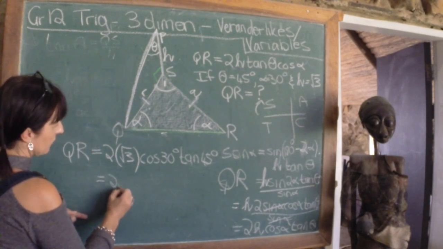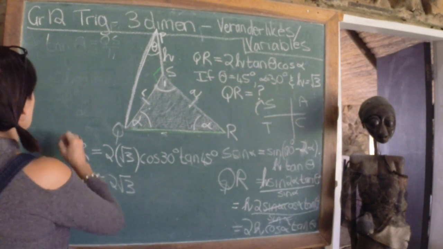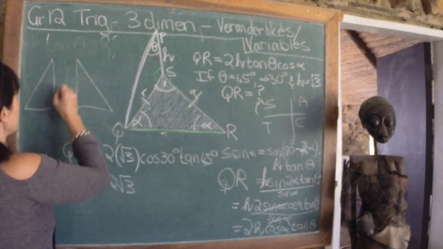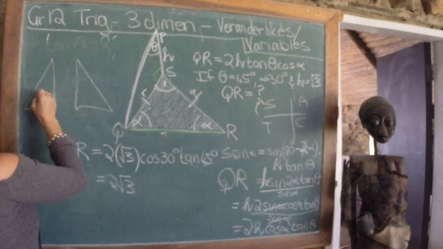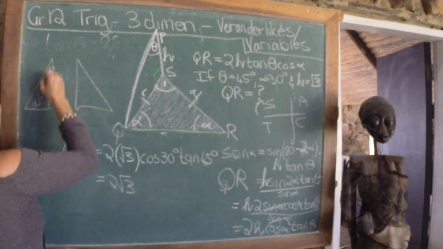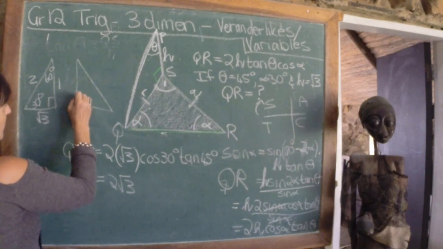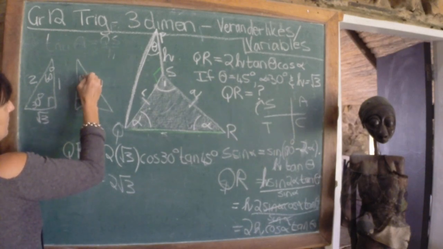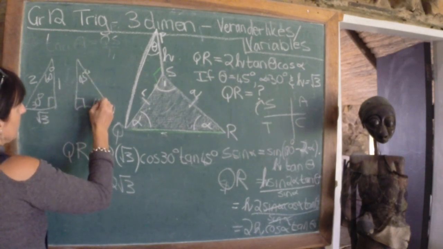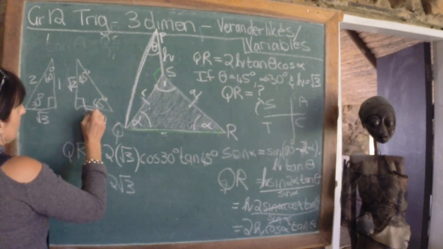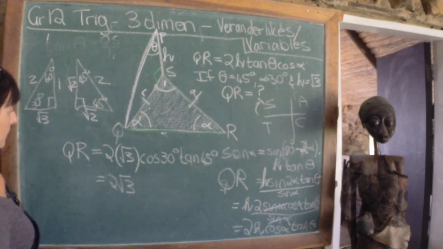So ek het 2 wortel 3, as ons gaan terugdink aan ons spesiale driehoekies, let's quickly draw it, got a 30, 60, it's 1, 2, root 3, and I've got a 45, 45, and remember I said do root 2 and 2, then it's easier.